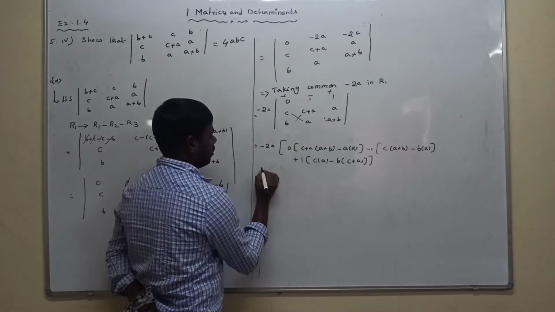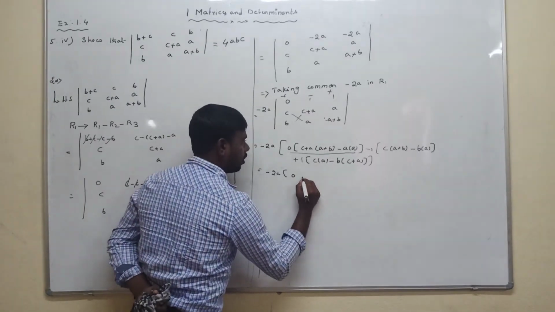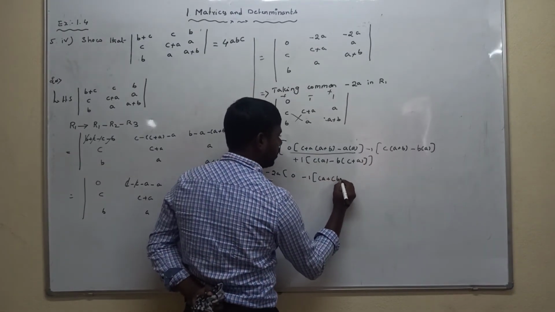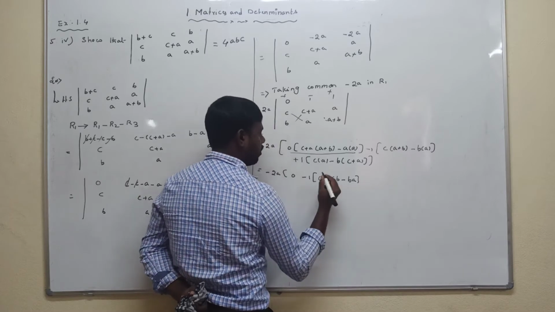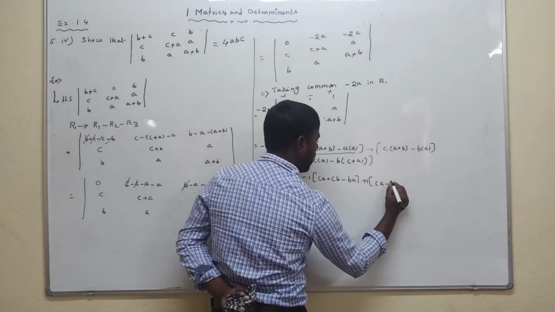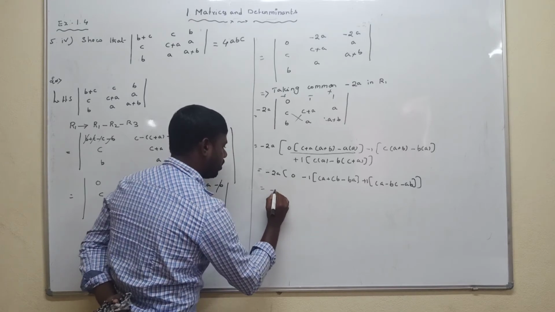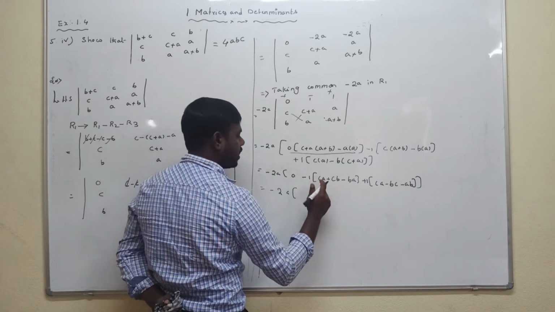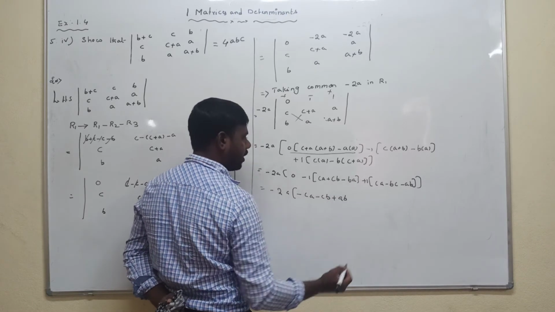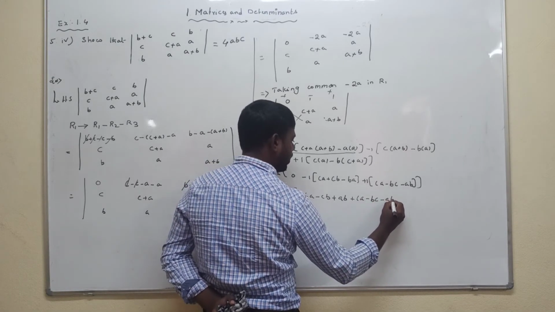Simplify this one. Minus 2a into 0 into everything is 0, minus 1 into c into a, ca, plus c into b, cb, minus ba, plus 1 into c into a is ca minus bc minus ab. Simplify again: minus 2a into minus ca minus cb plus ab or ba plus ca minus bc minus ab.